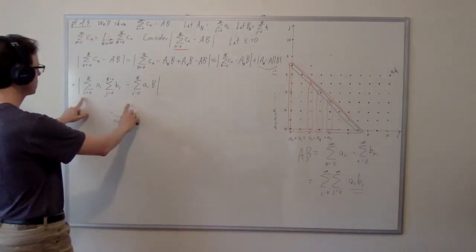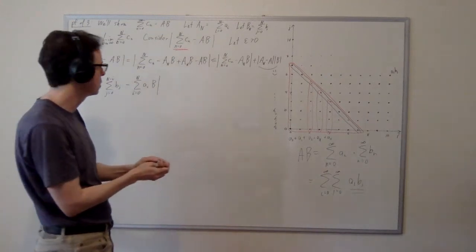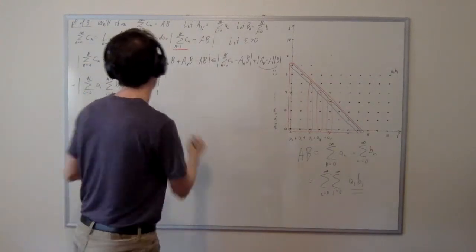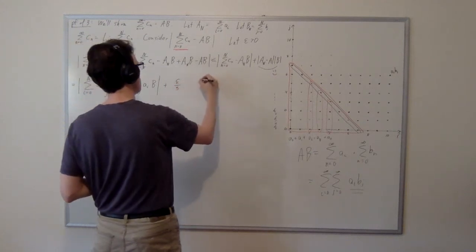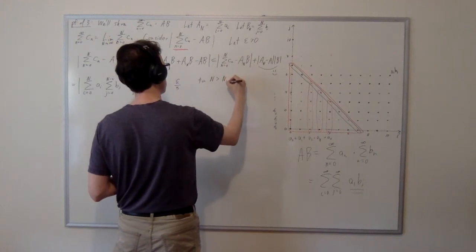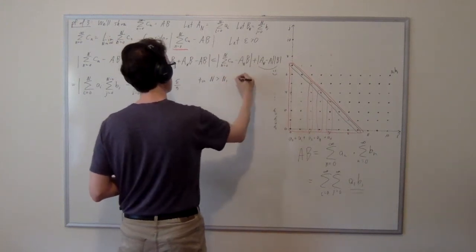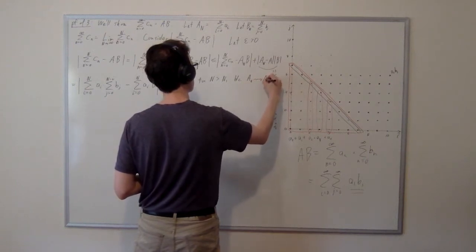And notice we've got a summation on i and a summation on i of a_i, so these things are going to combine soon. And then I'm just going to write plus epsilon over 3 for n greater than, say, n_1, because a_n converges to A.